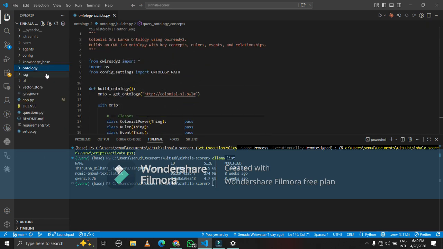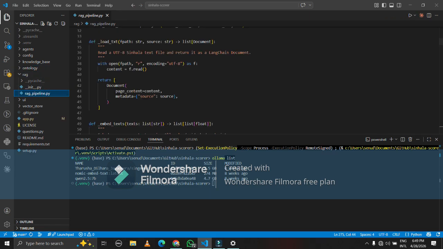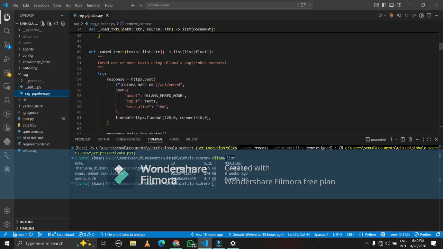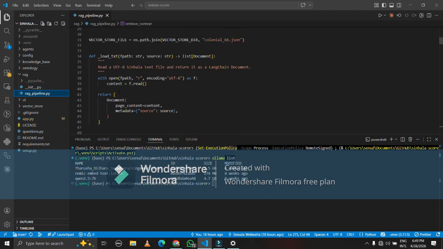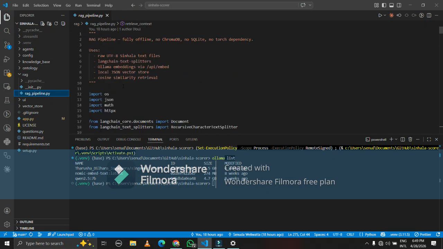This is my RAG pipeline, which uses UTF-8 Sinhala text files and cosine similarity retrieval for RAG retrieval.